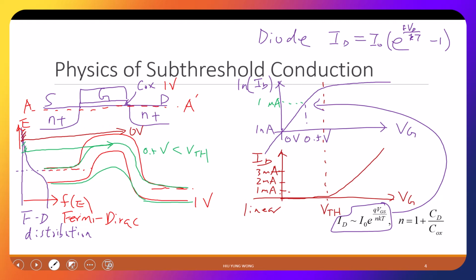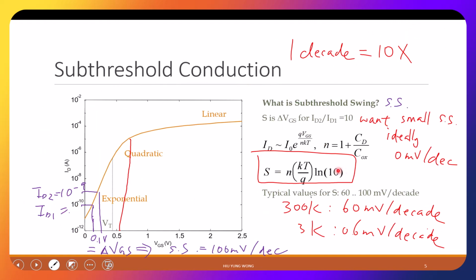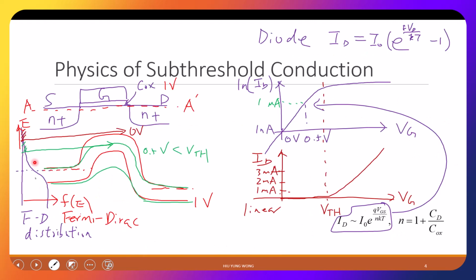You just go through the physics, you will see that, but we won't discuss this, right? So if I go to lower temperature, and this is the equation, S equals n kT over q times log 10. If I go to lower temperature, let's say 3 Kelvin, then I can increase it even faster, because now the distribution is even steeper.